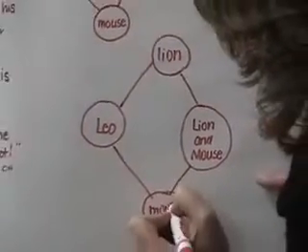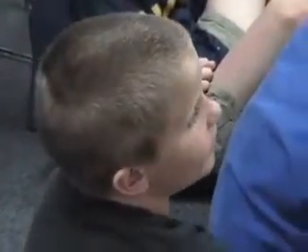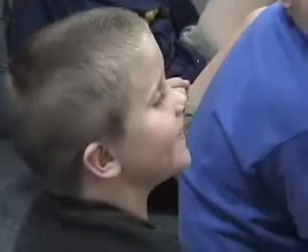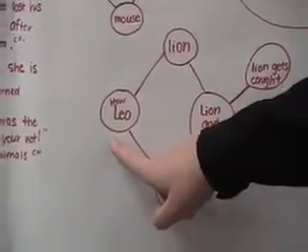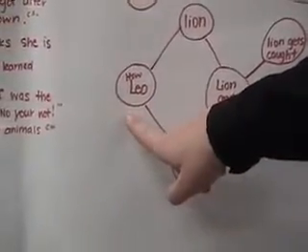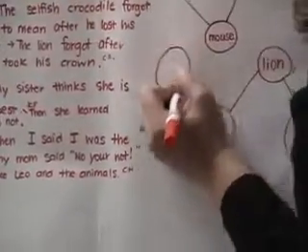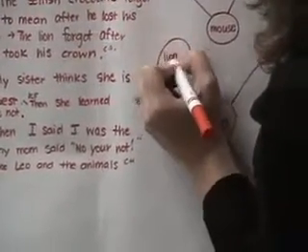That's how they would be seen. Leo didn't get caught in the net, but the lion did. Okay. What happens to the lion in this story? The animals take away his crown. The lion loses his crown.